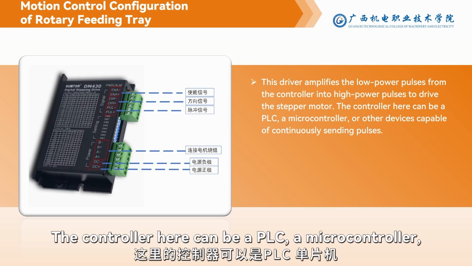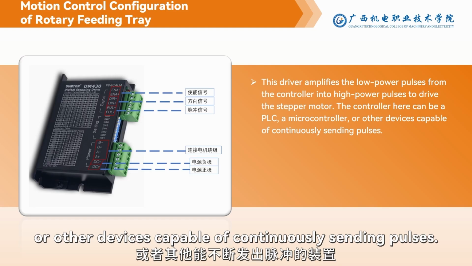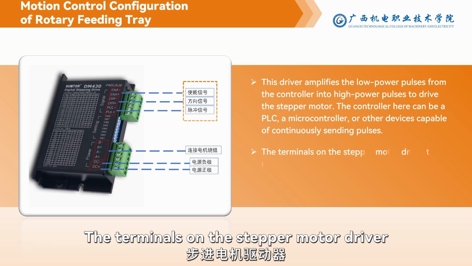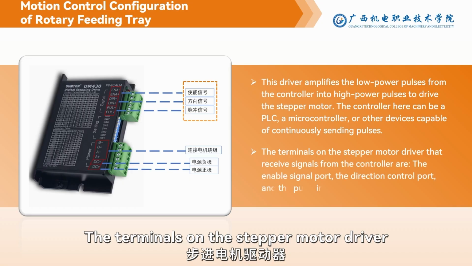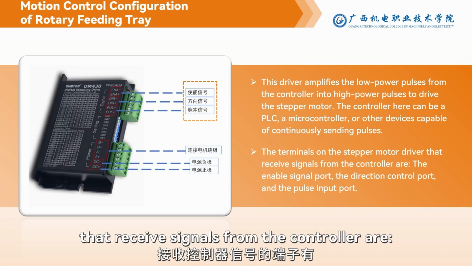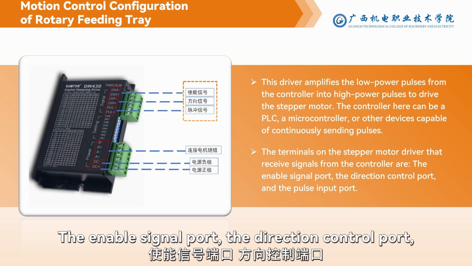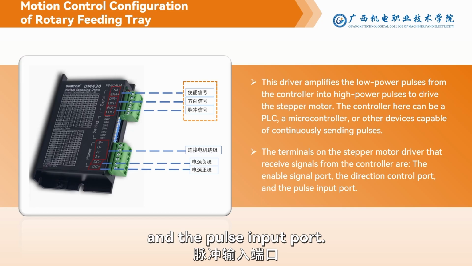The controller here can be a PLC, a microcontroller, or other devices capable of continuously sending pulses. The terminals on the stepper motor driver that receive signals from the controller are the enable signal port, the direction control port, and the pulse input port.